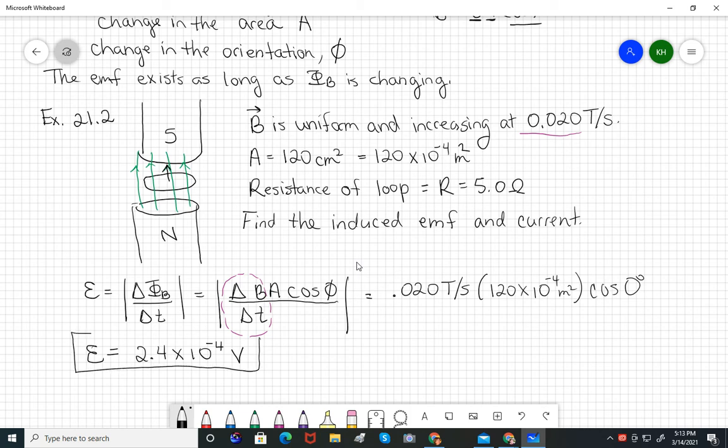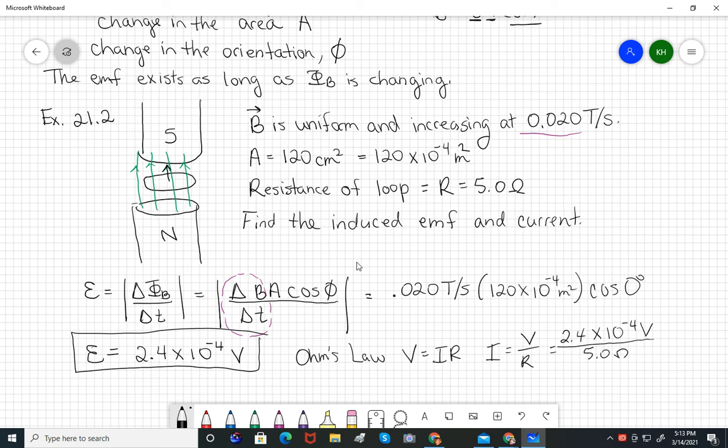Now, if I want to do current, I just use Ohm's law, which tells me that V equals IR, or that the current is equal to the voltage over the resistance. In this case, that's 2.4 times 10 to the negative 4 volts divided by resistance of 5 ohms.